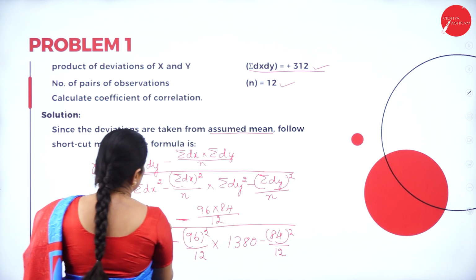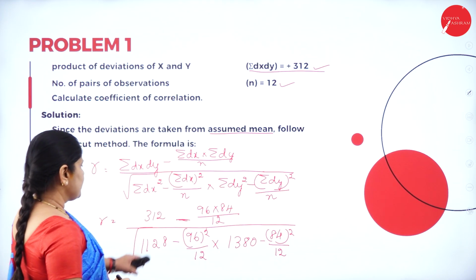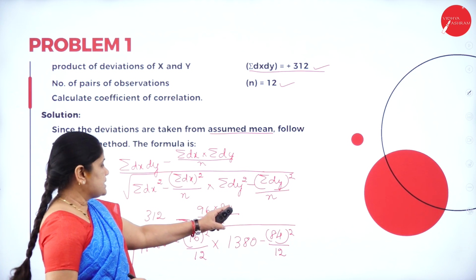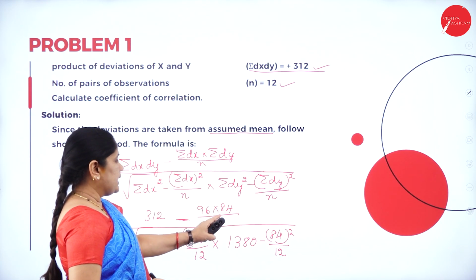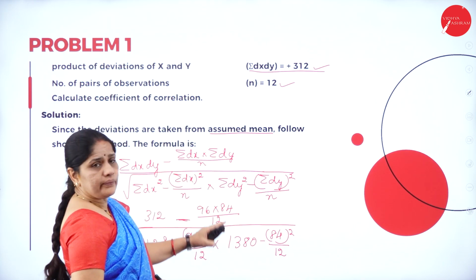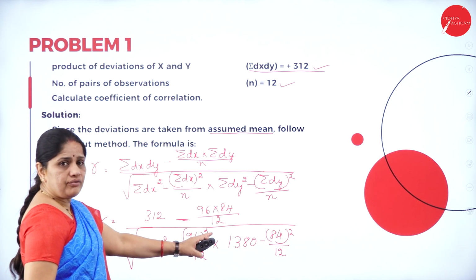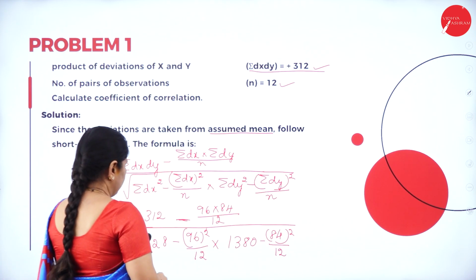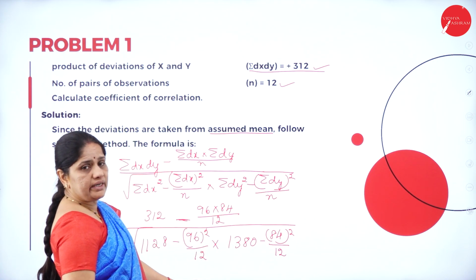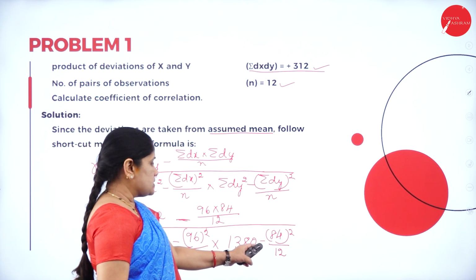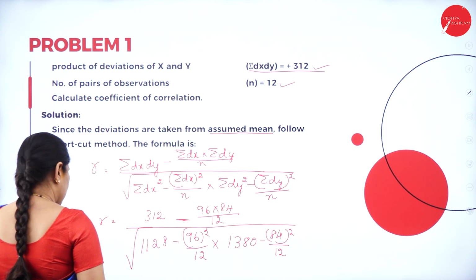So I write here 312 minus 96 into 84, where sigma dx is 96, sigma dy equals 84, n equals 12, divided by 12, whole over root of 1128 minus 96 the whole square divided by 12, into 1380 minus 84 the whole square divided by 12.